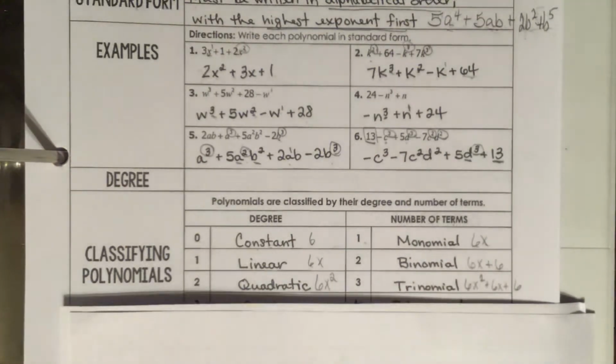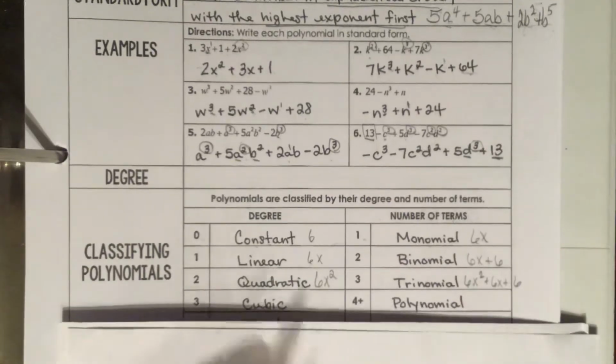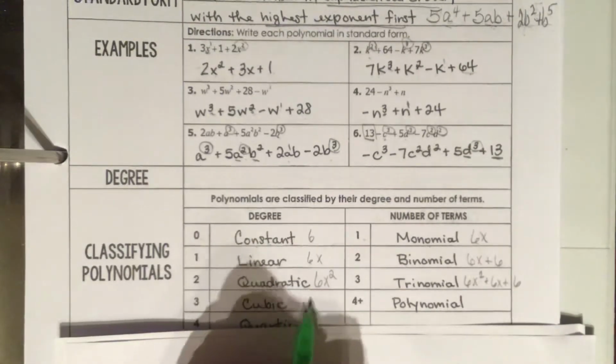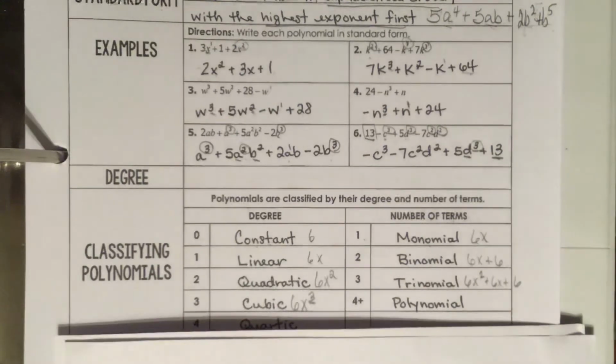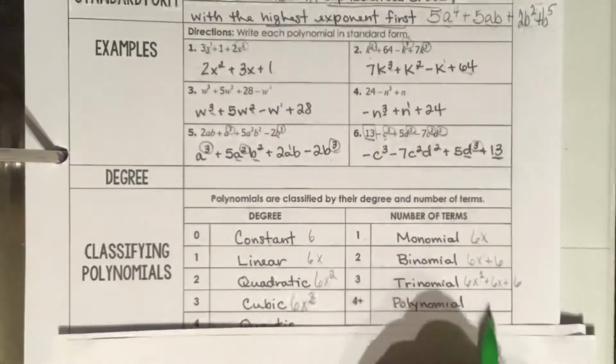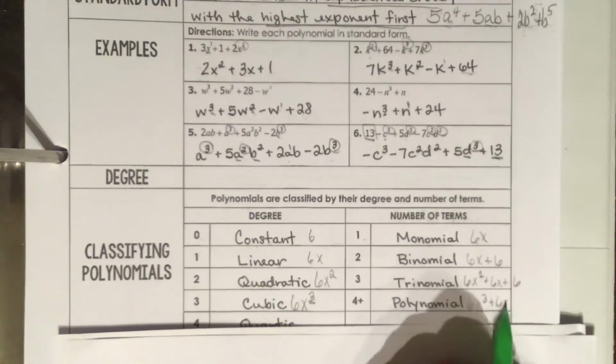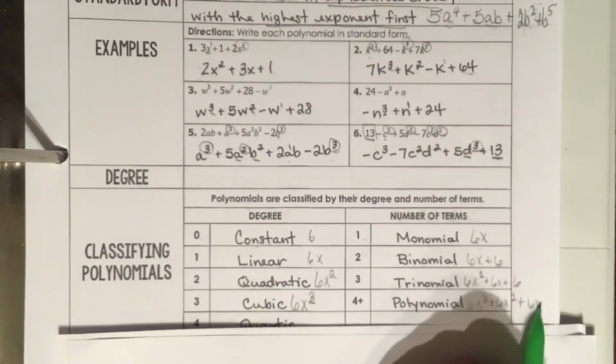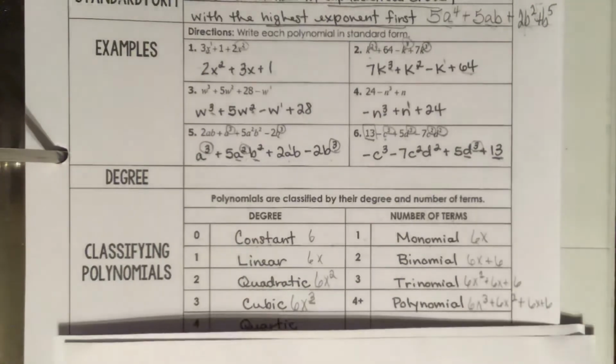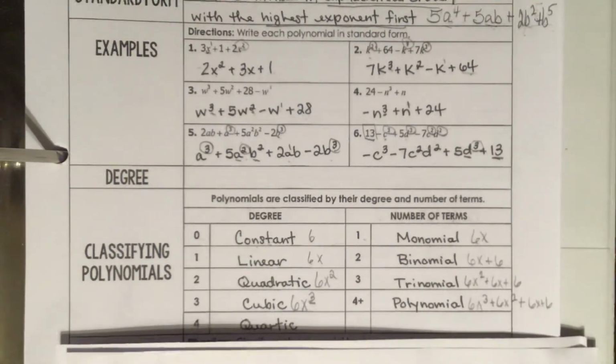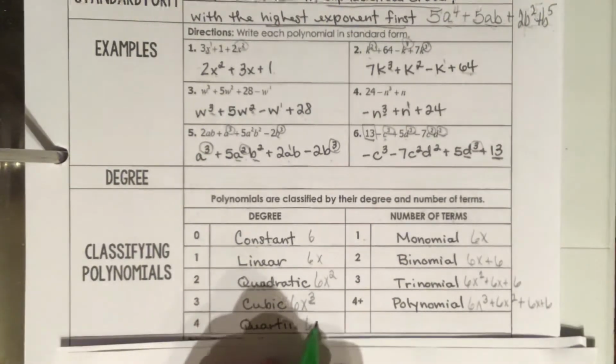There's 3 terms. A cubic means you're going to have a 6x cubed. You're going to have the cubic power. A polynomial would be 6x cubed plus 6x squared plus 6x plus 6. Quartic means it's got 4.